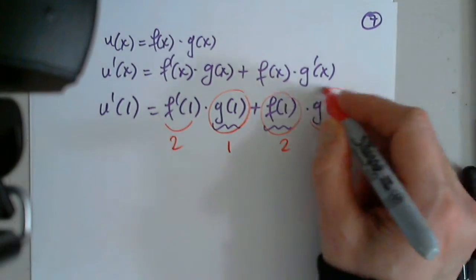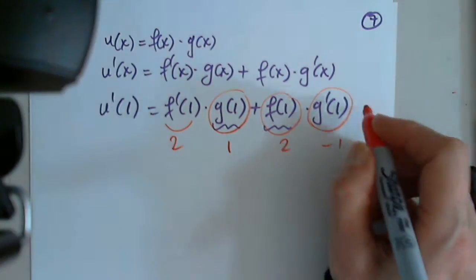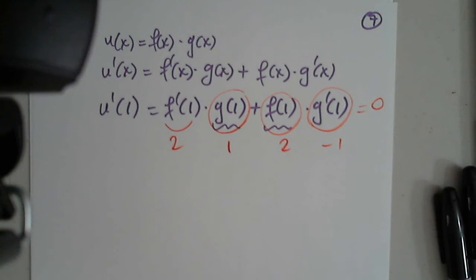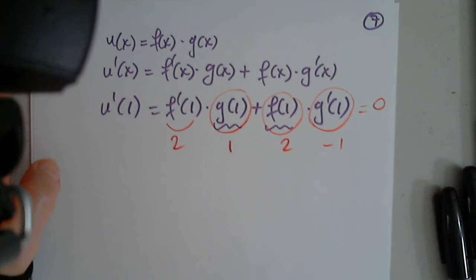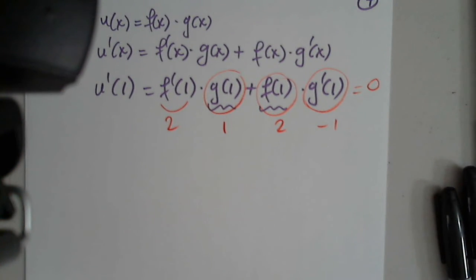So then g prime of 1 is negative 1. So then 2 minus 2 is 0. Good. So I'm ready for the WebAssign or anything else you would like to continue with.